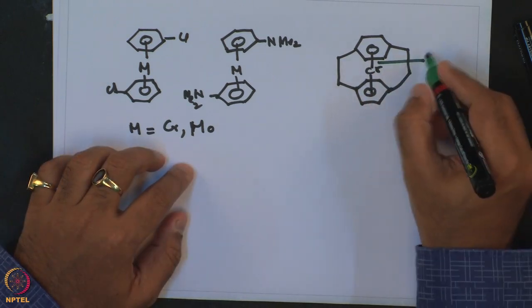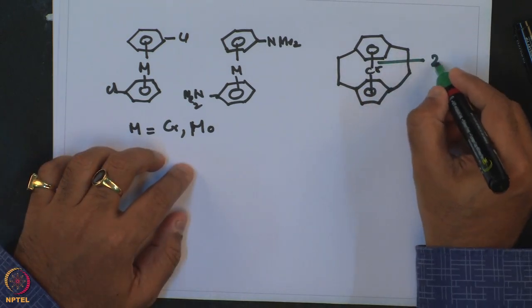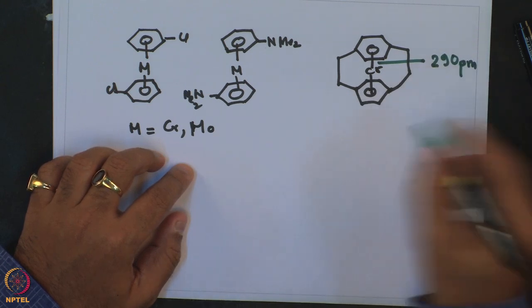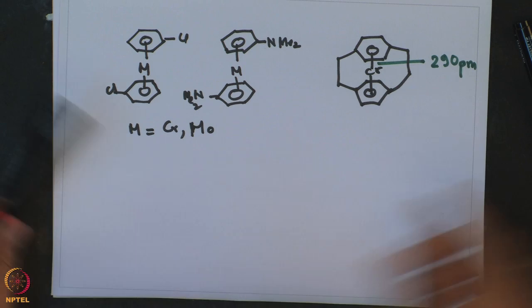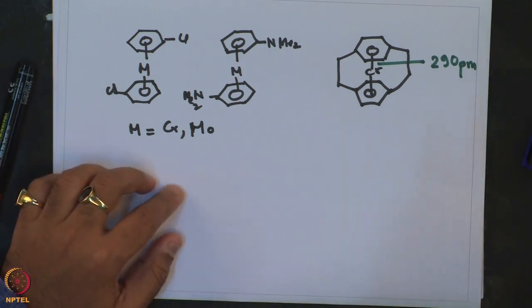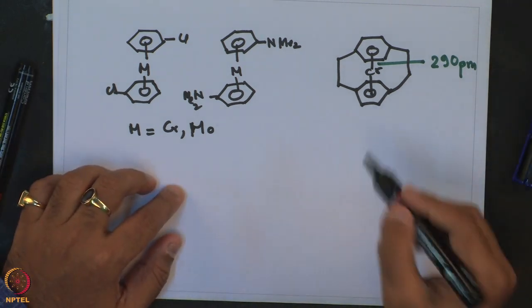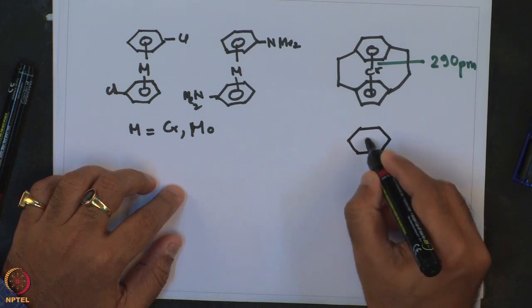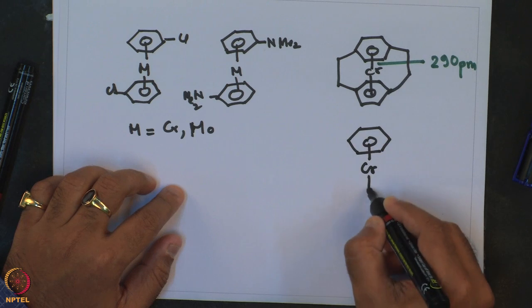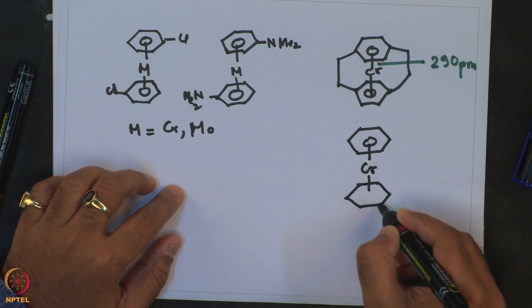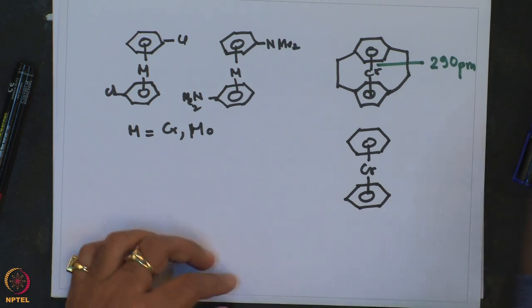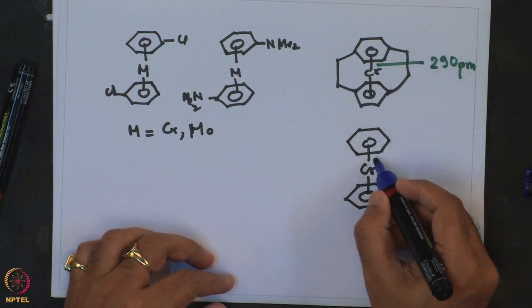this chromium arene distance is 290 picometer, which is much smaller than the chromium arene distance in the bis benzene compound, where it is about 322 picometer.